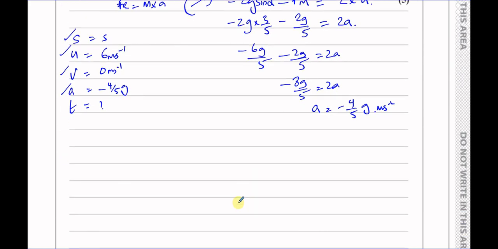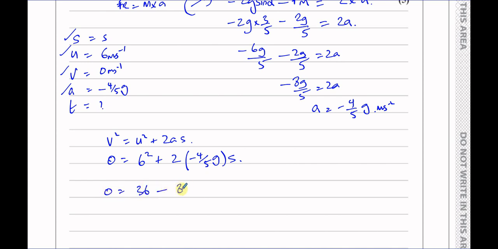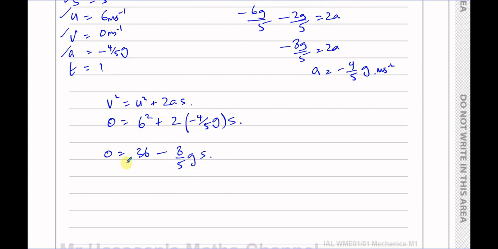So we can use the formula V squared equals U squared plus 2AS. And we have all of these except for S, which we have to find. So this is 0. U is 6, so this is 6 squared plus 2 times the acceleration, which is minus 4 over 5g times S. So you have 0 equals 36, and that's minus 8 over 5g times S. So when you rearrange that, you have 8 over 5g times S equals 36.